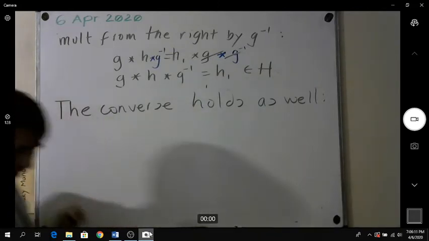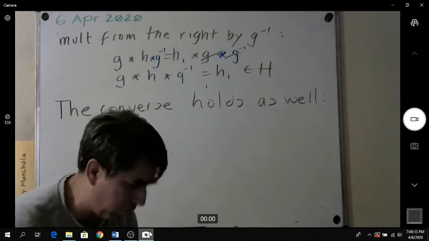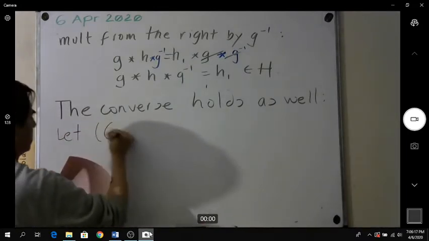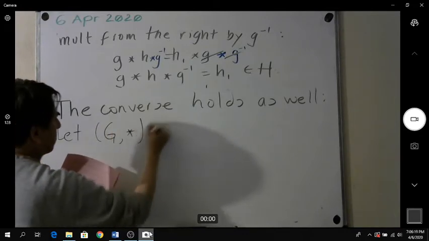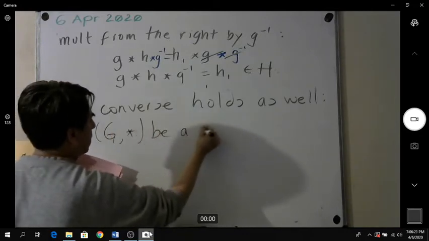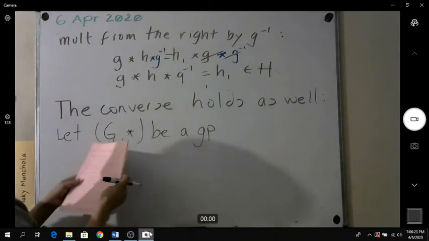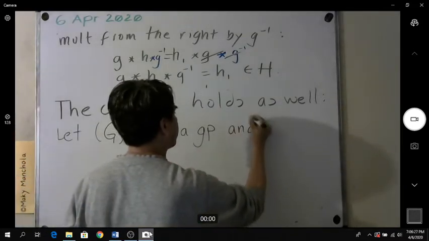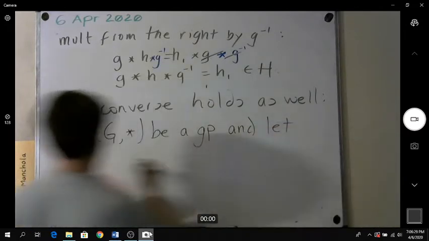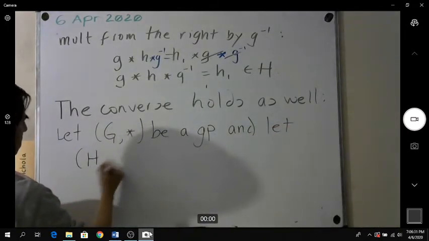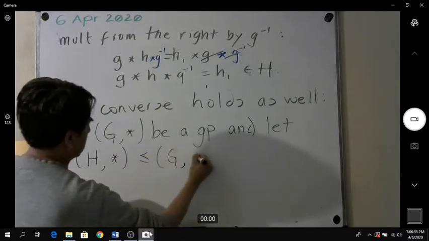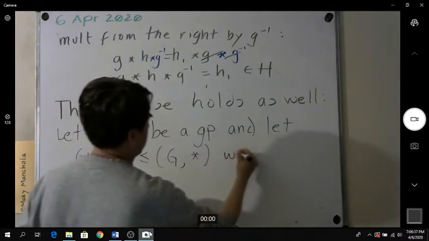So let G star be a group, and let H star be a subgroup of G star with H not empty.